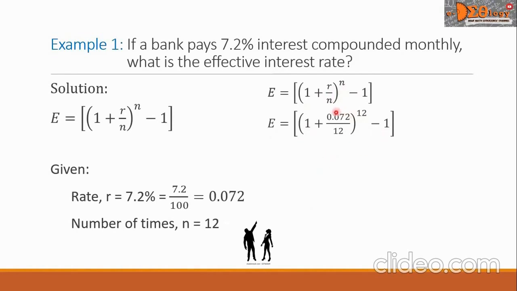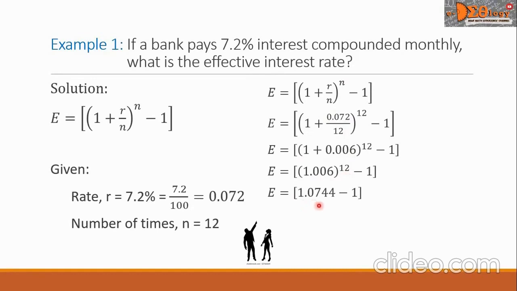On the next line, let us simplify this fraction 0.072 over 12. Using our calculator, we will get 0.006. And then let us get the sum of this 1 plus 0.006, and that is 1.006. This decimal is raised to a power 12, and the value will be 1.0744. And then let us subtract this by the constant 1.